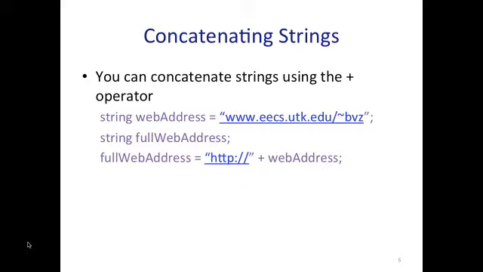And finally, you'll see some of this in the book, so I'm just going to briefly mention it. With strings, you're allowed to use the plus operator, but it no longer means addition. Instead, it means concatenation. So for example, if I have this web address, and I wanted to add to it the HTTP prefix, I could write this plus operation, which is really concatenation, and it will concatenate HTTP to the front of the web address.